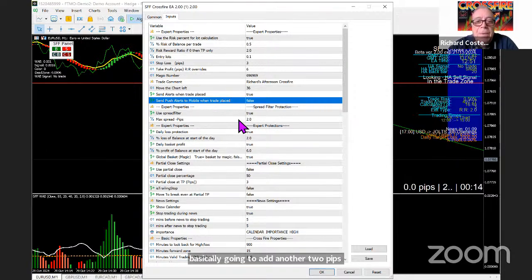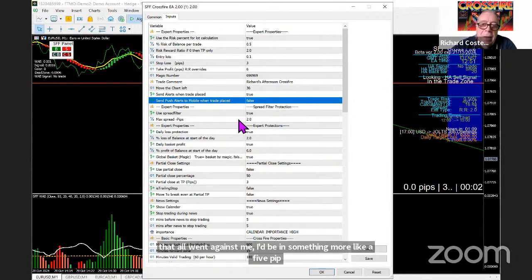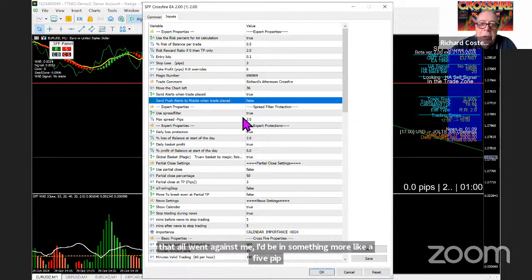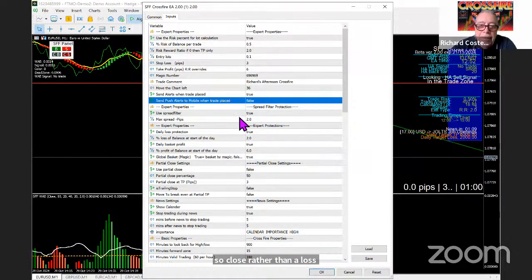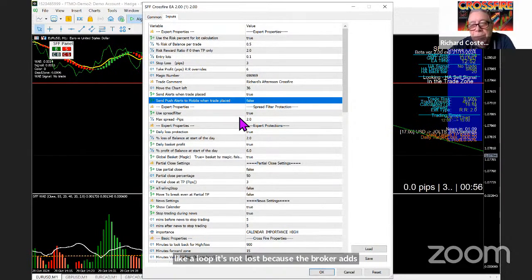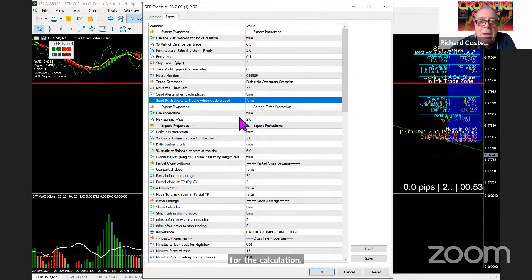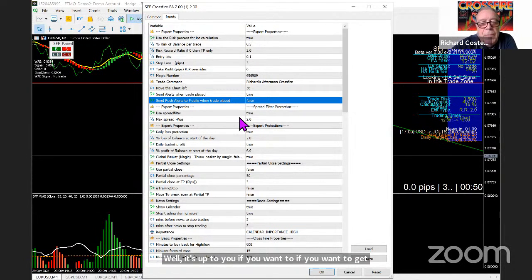So potentially, if that all went against me, I'd be in something more like a 5 pip stop loss rather than a 3 pip stop loss, because the broker adds this to the calculation. But it's up to you if you want to get involved in trades with higher than 2, but personally I stick to 2.